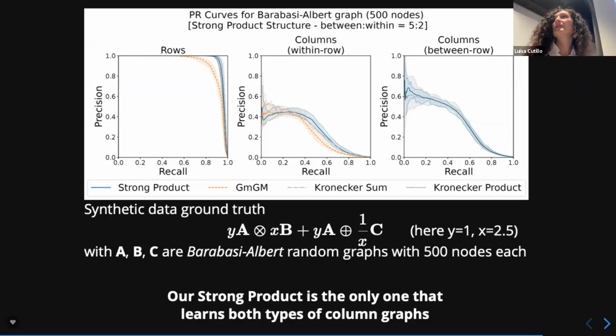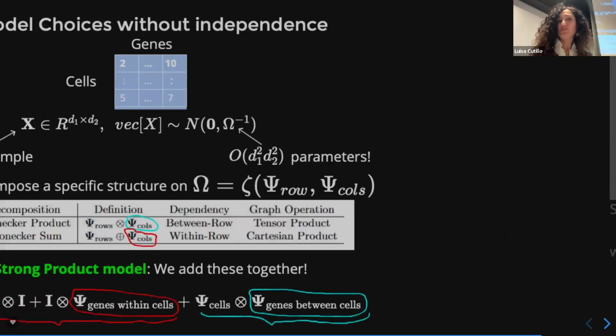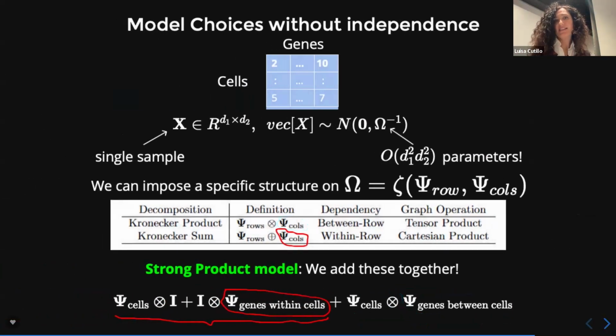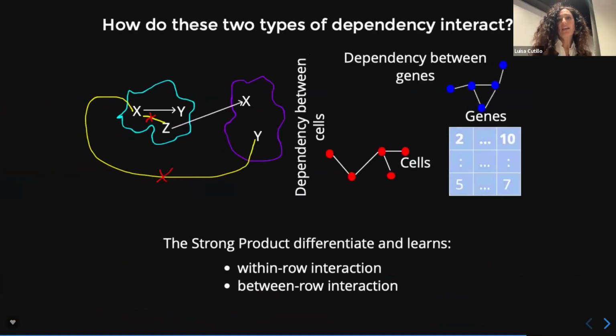What is the output of this method expected to be from a practitioner's point of view? Is it the groups of genes? It's the graphs, and then you can study those graphs as you wish. Just to stick to the example, in this case we will have the dependency between the cells, the dependencies between genes in the same cells, and how genes interact between cells.